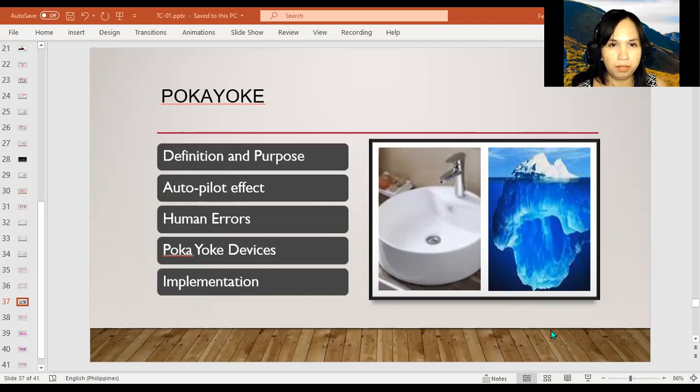This part of the iceberg is analogous to errors or mistakes. Put another way, errors are any deviation from the process, and defects are produced when products or processes deviate from the specifications or don't meet the expectations of our customer. So in other words, defects are created by errors.